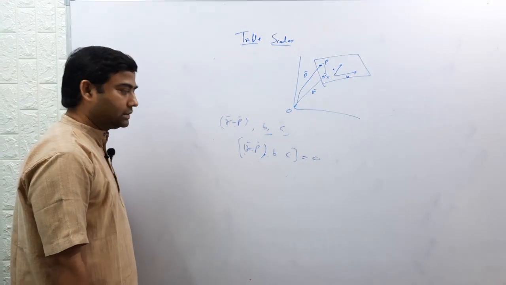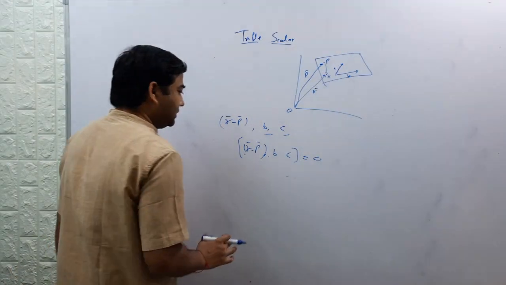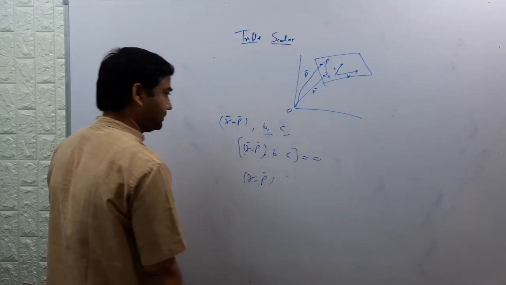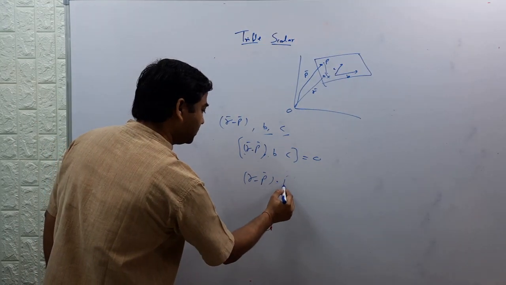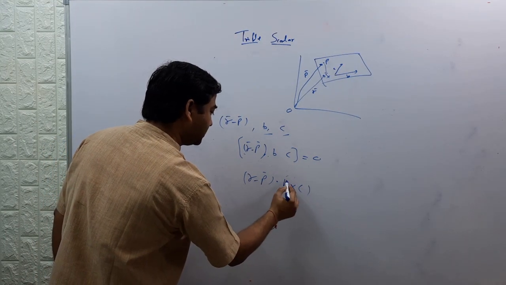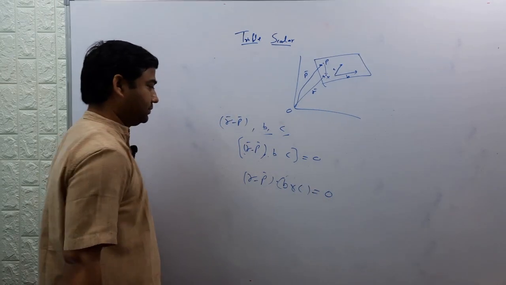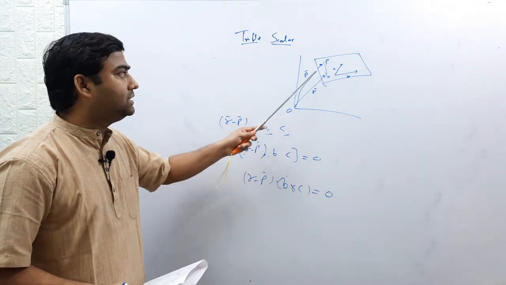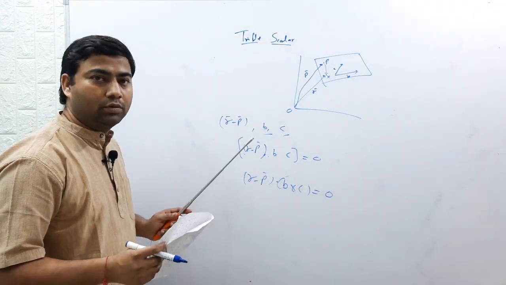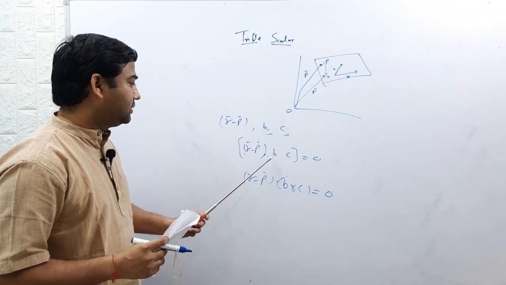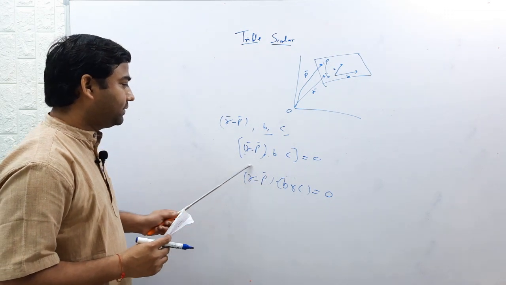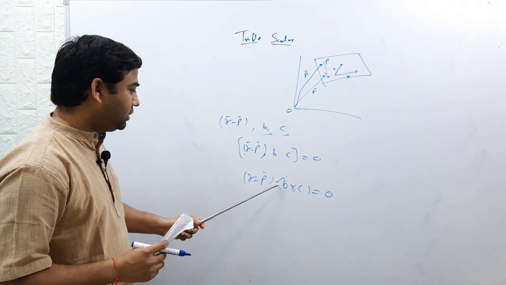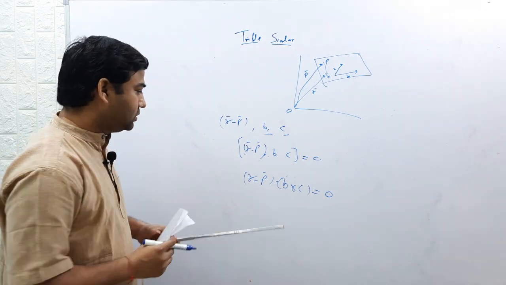Otherwise, simply you can say R minus P vector dot B cross C is equal to 0. These vectors are coplanar, hence the parallelepiped formed with these three vectors will have 0 volume. R minus P vector, B vector and C vector are coplanar vectors. Hence this is equal to 0. It can be written as R minus P dot B cross C equal to 0.